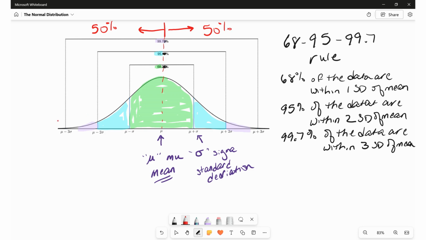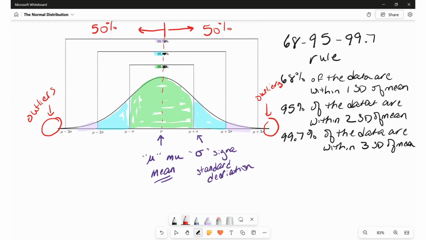You have to keep in mind we've got these little ends over here, which are known as outliers. These outliers are part of your data, but we just don't include them in the 68, 95, 99.7 rule.